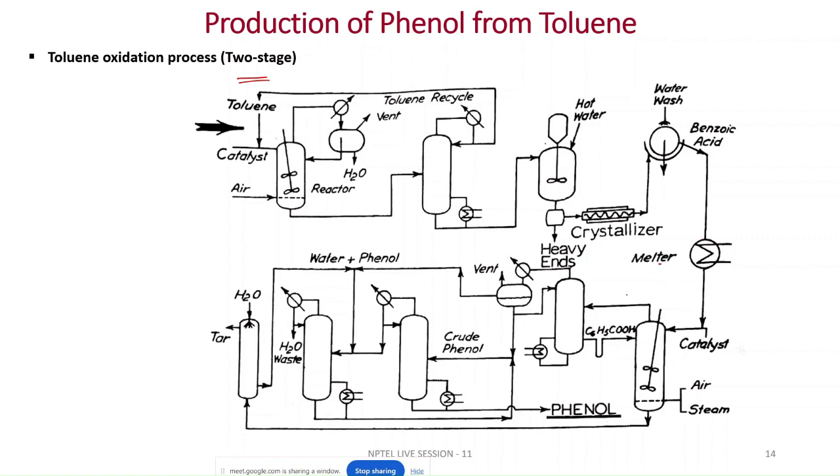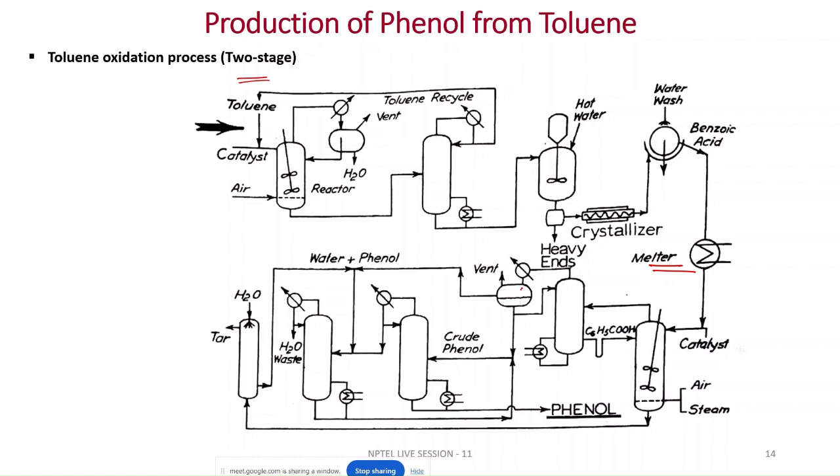It can be taken through the melter, where it is melted, and then for the second oxidation process, it is passed in the presence of the cupric benzoate catalyst at around 200 degrees Celsius. In the second oxidation, some benzoic acid at the top product is recirculated after separation.